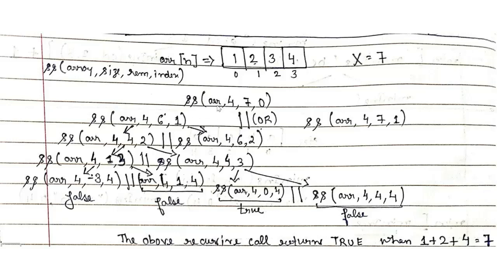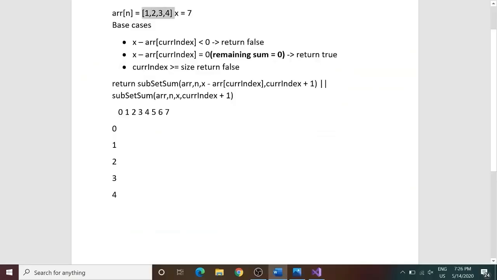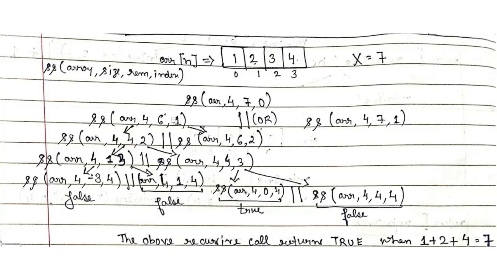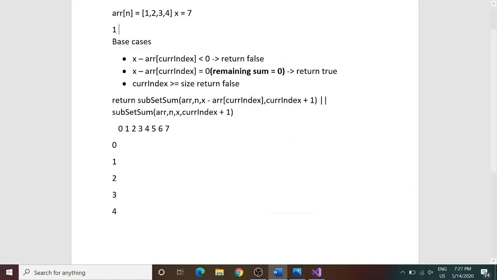In the same way, what does this path represent? Look, this path represents: I took a 1, then I took a 2, but I didn't take 3, but I took 4. I took a 1, that's why I'm left with 6. Then I took a 2, that's why I'm left with 4.